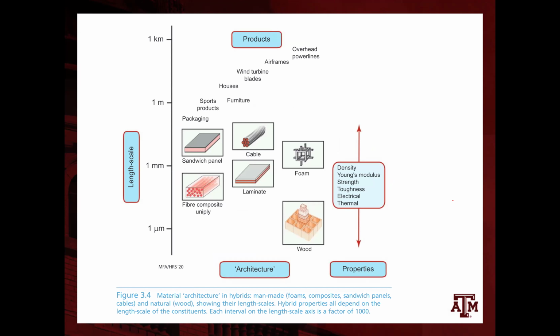So the microstructure is very important, and we're going to discuss that in detail later also: how you make those composites, how you manufacture them with a specific microstructure, and how this specific microstructure affects their average properties at the end.